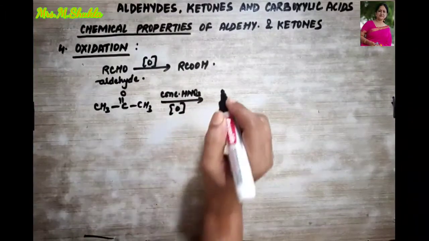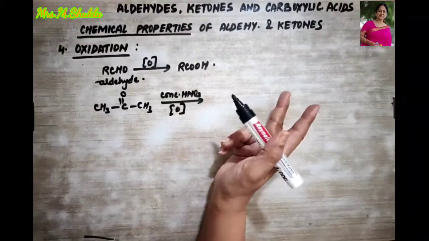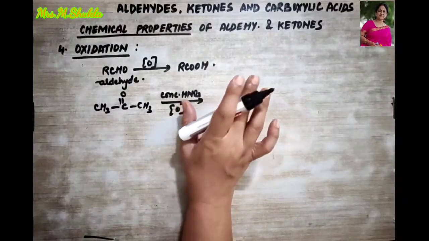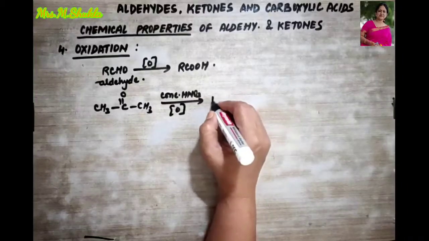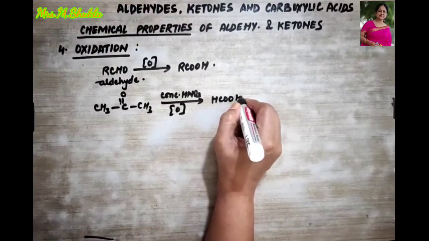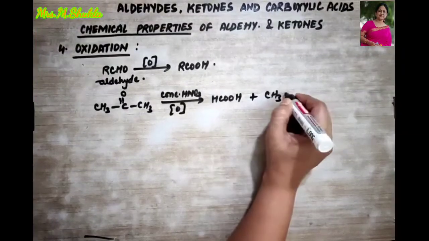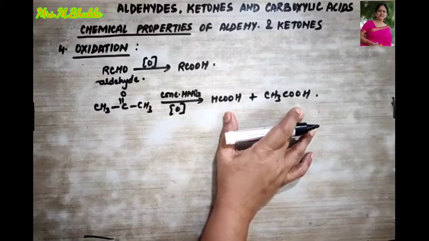Then oxidation takes place, and it is going to give you a mixture of carboxylic acids having fewer carbon atoms than the original ketone. So what are those two carboxylic acids that we are going to get? We will get formic acid plus CH3COOH. So these are the two in the mixture, right?